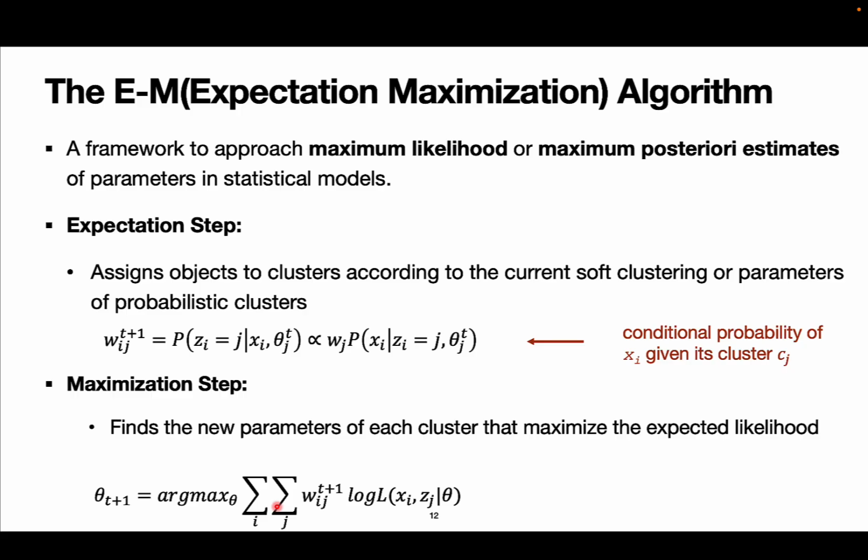In summary, the M step chooses parameters that maximize the likelihood, where each data point contributes to each Gaussian in proportion to its responsibility computed in the E step.